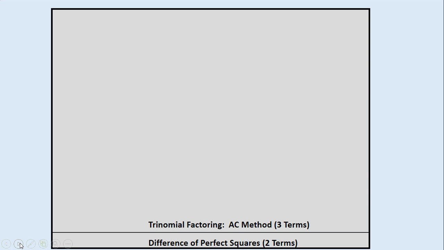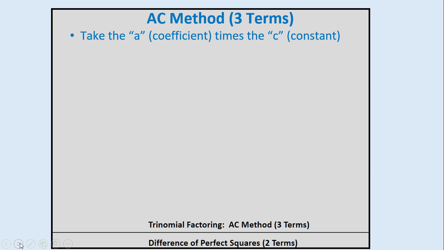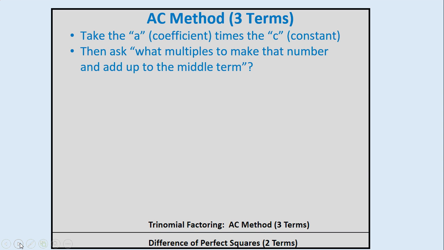If you'd open that one up, these are the steps that we're going to go through when we do trinomial factoring, or factoring on things with three terms. So to set this up, we're going to use what's called the AC method. You take the A coefficient times the C constant of the problem. Then you ask yourself what multiplies to make that number and will add up to the middle term.